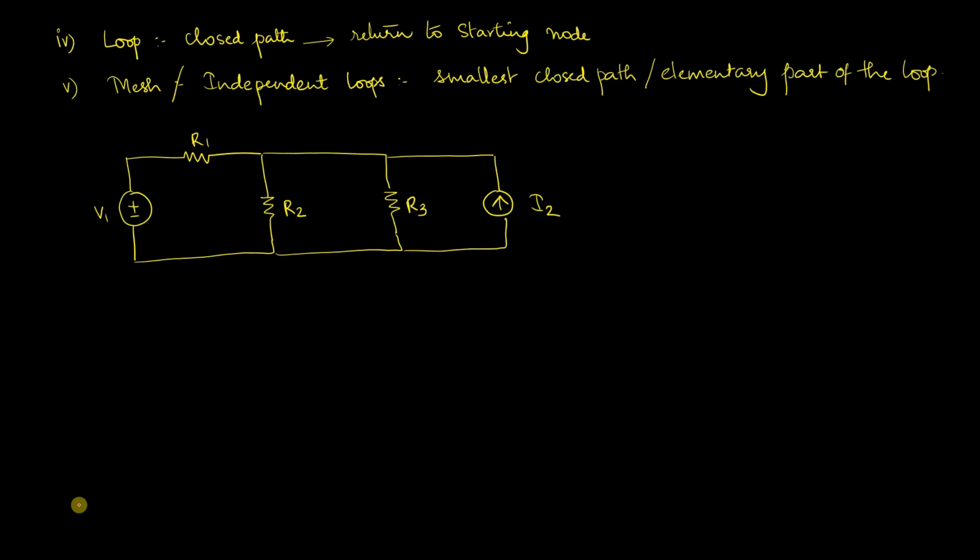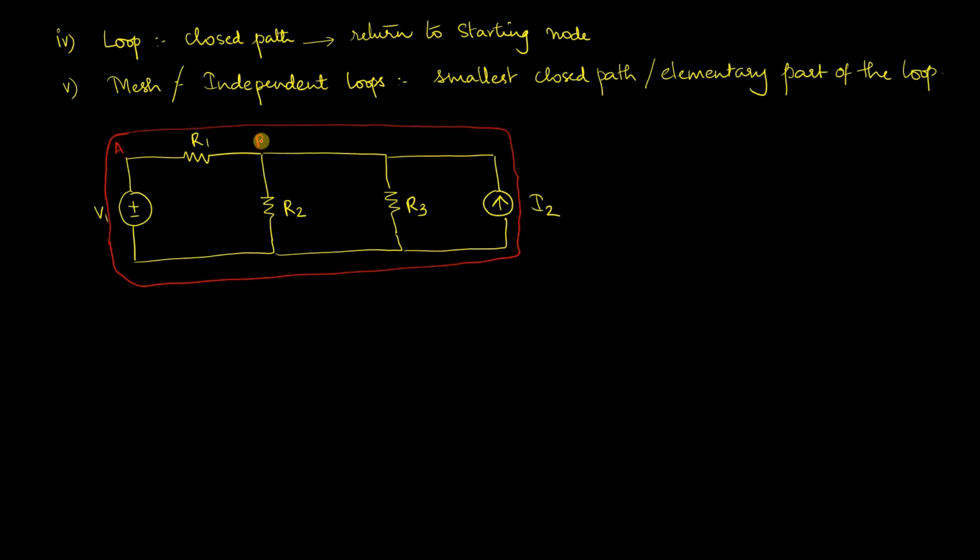We said a loop means it will return to the starting node without crossing any intermediate nodes twice, right? So let me mark that in red color. This would be one particular loop which I have. If I consider the starting point between V1 and R1, I am going to start from there and return back to the same point.